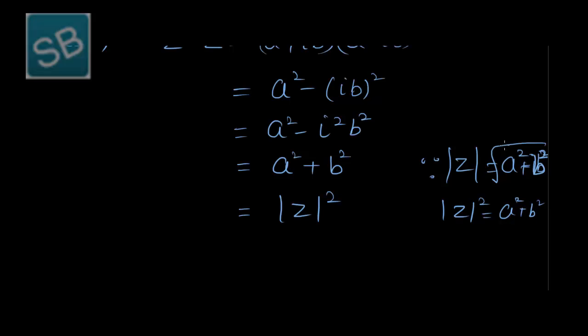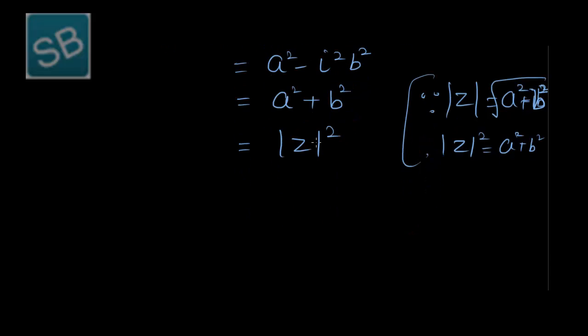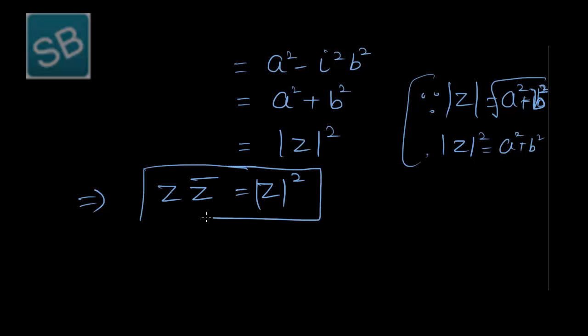Under root will be removed from this. So we get z into z bar is equal to mod z square. So that was our third property, that the product of a complex number with its conjugate is equal to mod z square.